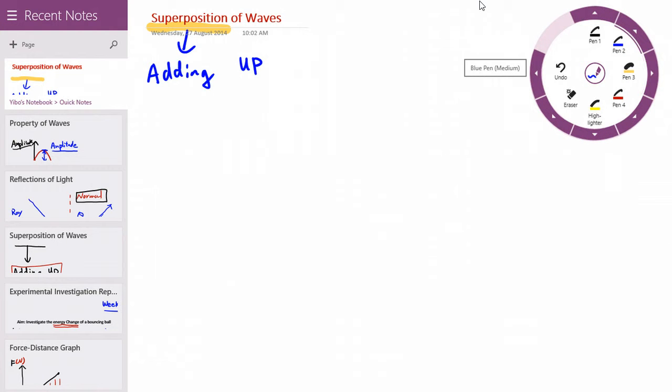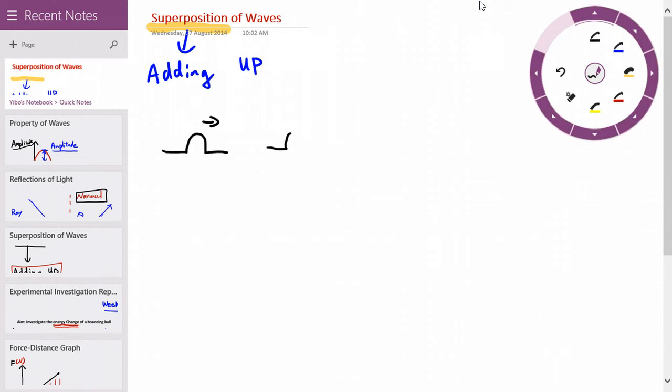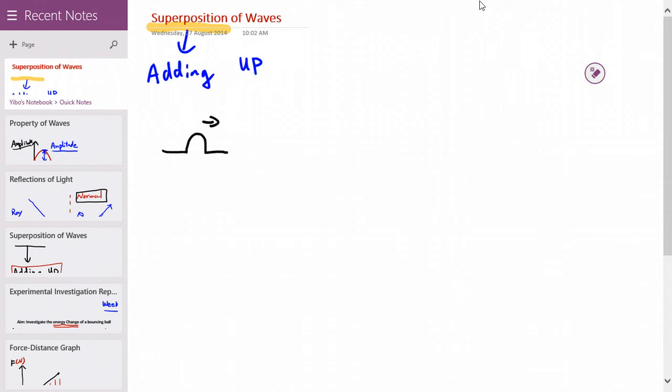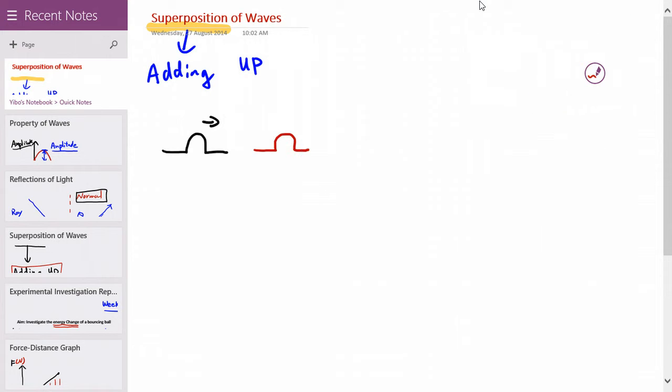Okay, so assume if I have two waves, a black wave and a red wave, coming to meet each other.